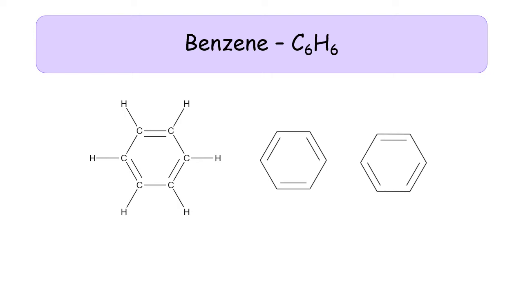It's generally represented by 6 carbons in a hexagonal ring with 3 double bonds alternating between the carbons. However, these double bonds are actually constantly shifting positions. So sometimes you might even see it represented like that.